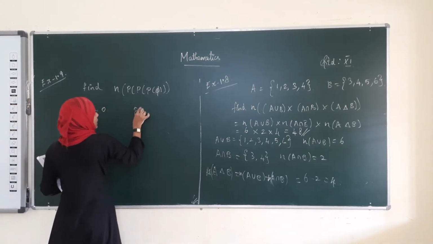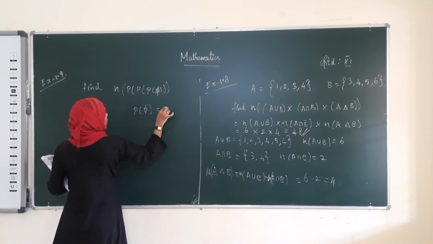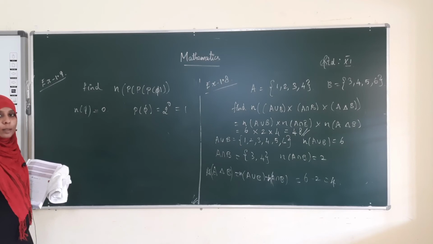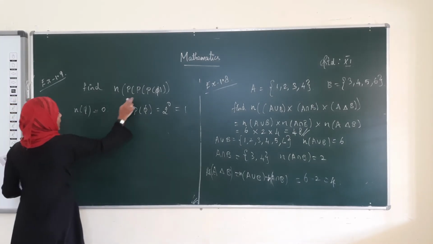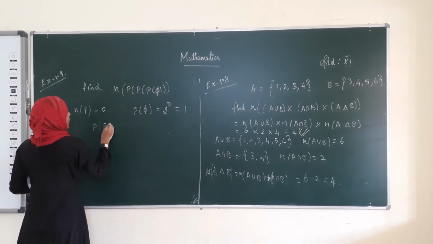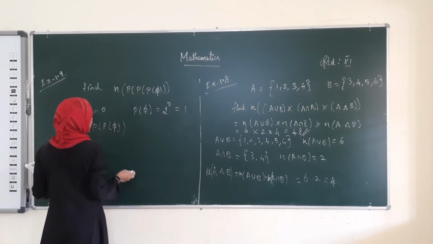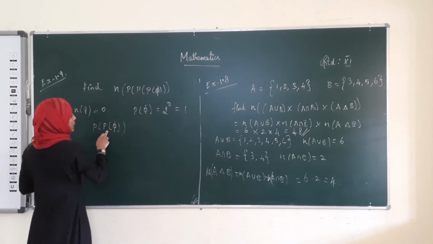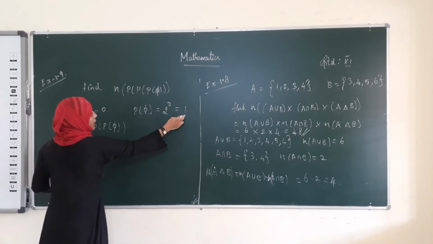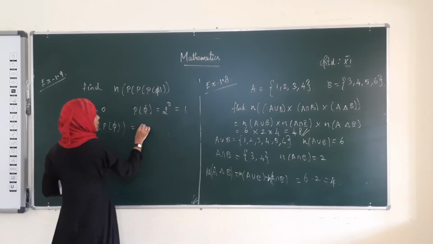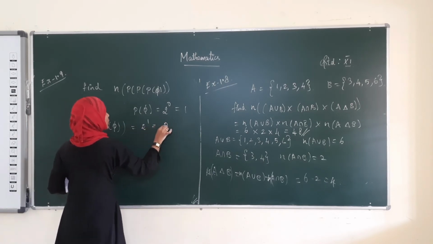Then the number of elements in the power set of the empty set becomes 2 power 0, which is equal to 1. Anything power 0 is 1. And again, what is the power set of the empty set? The number of elements in the power set of the empty set is 1. Therefore, it becomes 2 power 1, which is equal to 2.